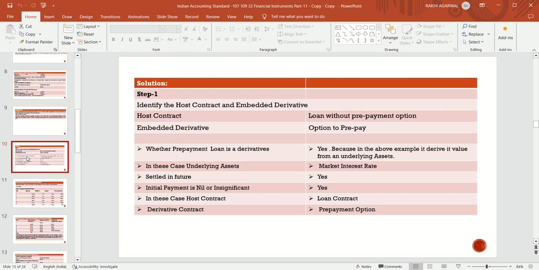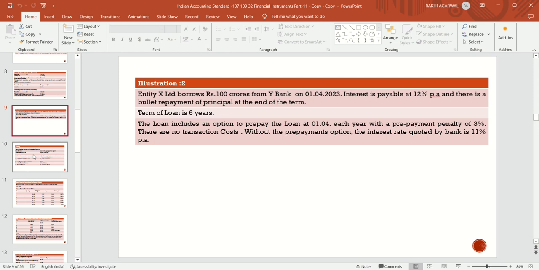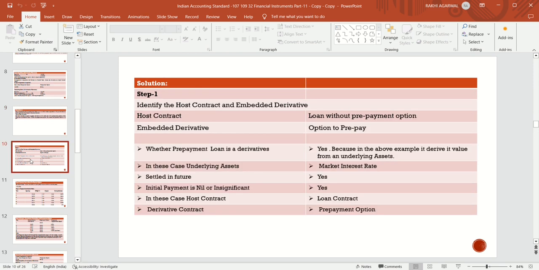Whether the prepayment option is a derivative: yes, it is a derivative, because in the above example it derives its value from the underlying, and the underlying is the market interest rate. The loan is the underlying on which the market rate depends, which is settled in future years. The loan is paid after the contractual period, that is, the term of the loan is 6 years, so it should be paid after 6 years.